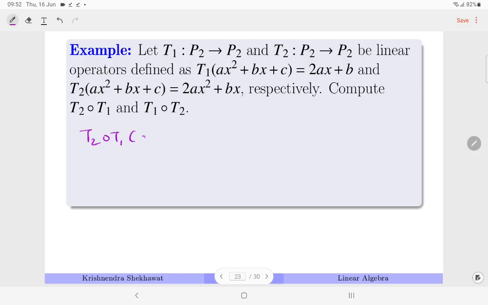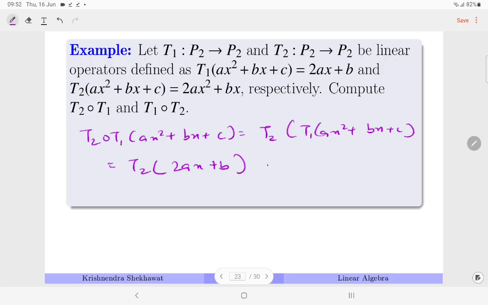So T2 of T1 of ax square plus bx plus c is the same as T2 of T1 of ax square plus bx plus c, which is T2 of 2ax plus b. Now this is how T2 is defined.